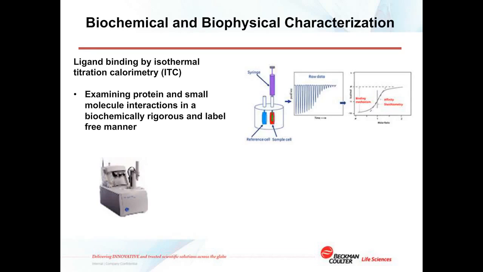And as the peptide is injected, heat will be released, and this heat in the sample cell will be compared to a reference cell, and then ultimately with the amount of heat absorbed, one can obtain many biophysical parameters associated with the interactions of peptides and small molecules with your protein of interest.